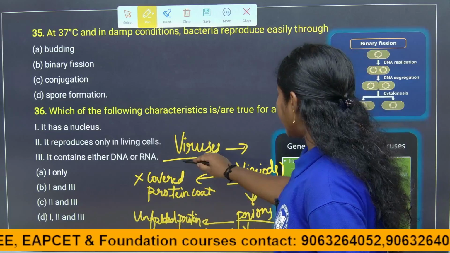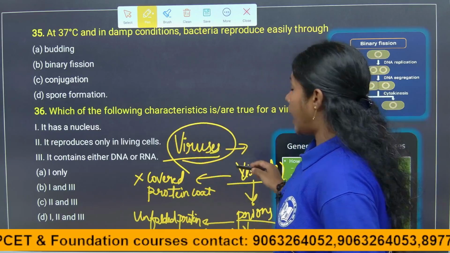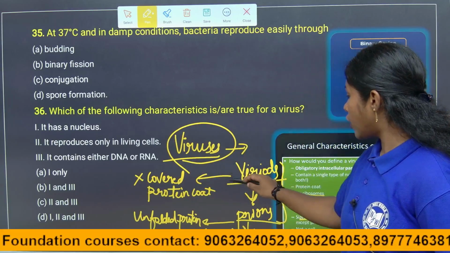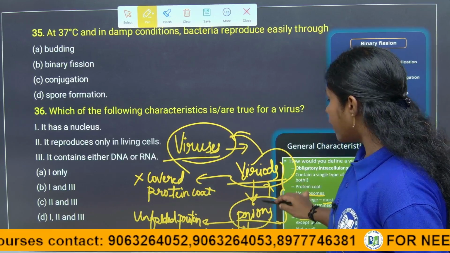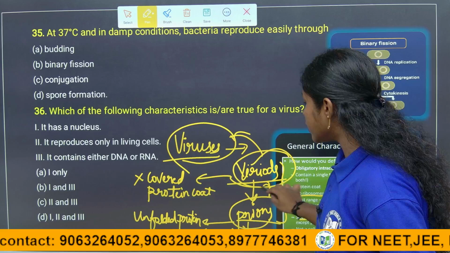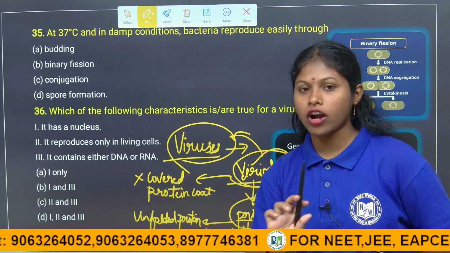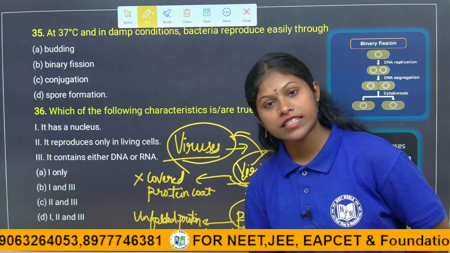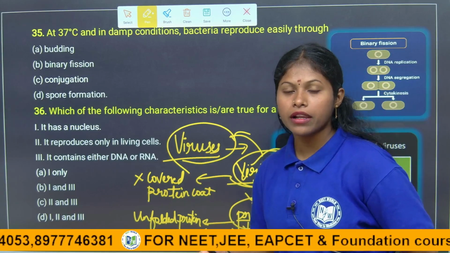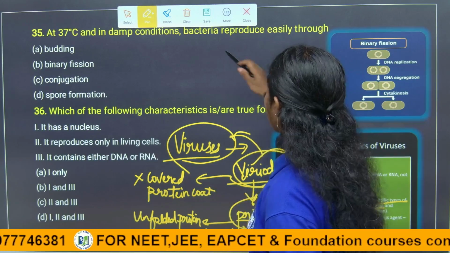Viruses are smaller than bacteria, viroids are smaller than viruses, and prions are smaller than viroids. In viroids, the genetic material is not covered by any protein coat. In prions, the genetic material itself is the unfolded abnormal protein. So this is what this question is about.